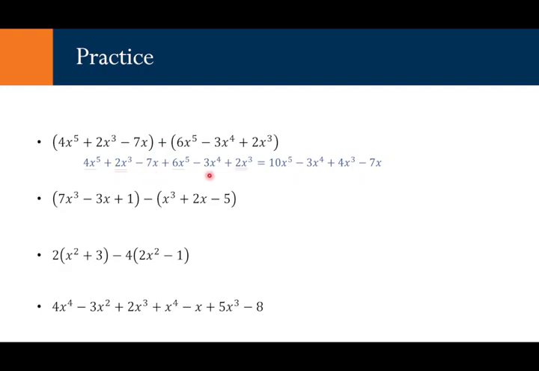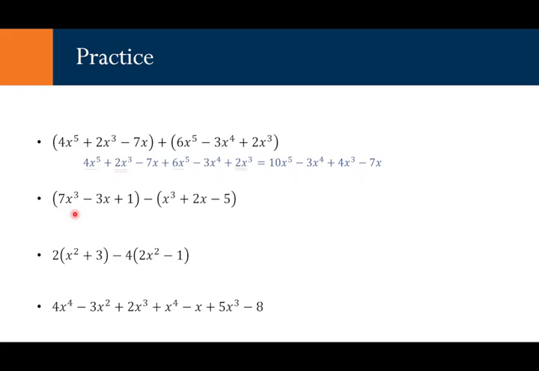So we still keep them though. So 4 plus 6 is 10 of these things, and then there's just the negative 3 of these x to the 4th, and then there's 2 of these x cubes and 2 more, plus 2 plus 2 is 4, and then minus 7x. It's customary but not required to write things with the highest exponent down to the lowest exponent.